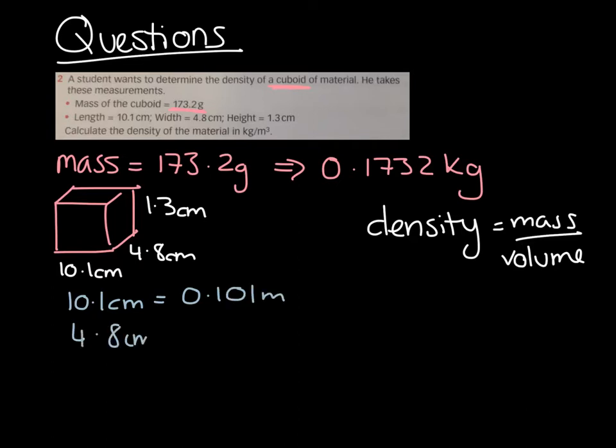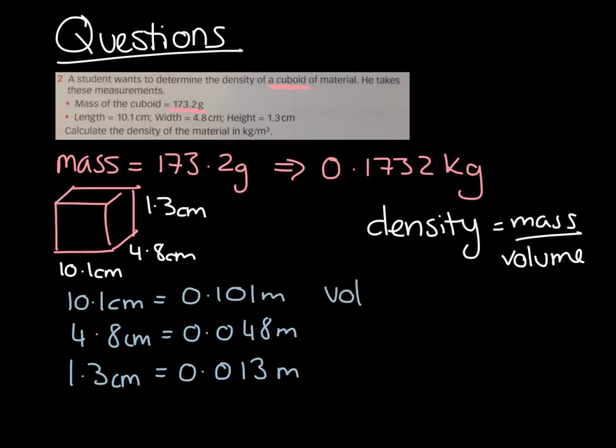4.8 centimetres equals 0.048 metres, and 1.3 centimetres equals 0.013 metres.